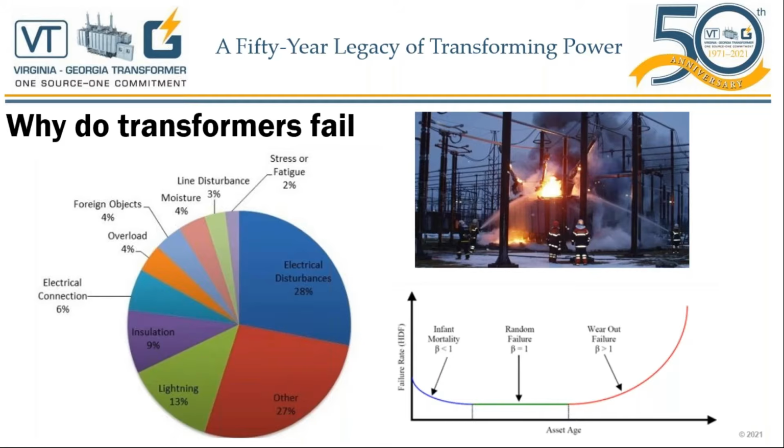But lightning, the harmonics, that we will be discussing in detail. I will connect insulation and moisture together. And as I said, we will be talking about this more in detail in the upcoming slides. I just wanted to have a good starting point and scare everyone here in the webinar about why transformers fail in the field.